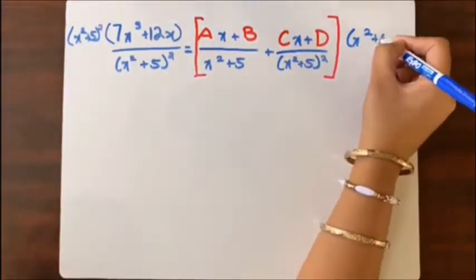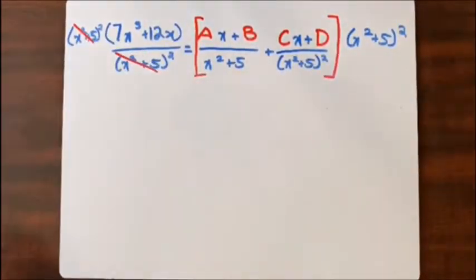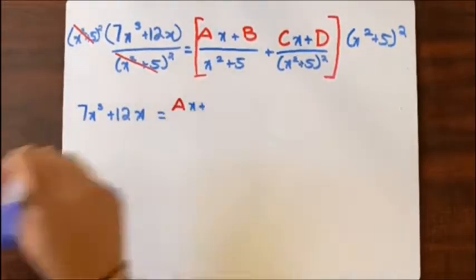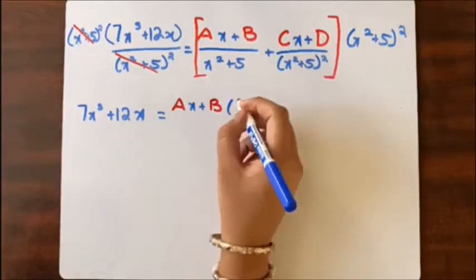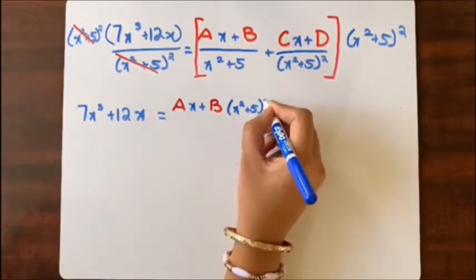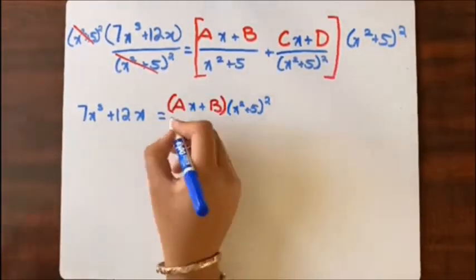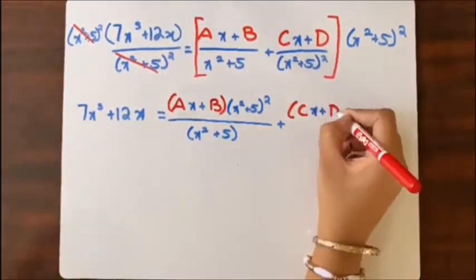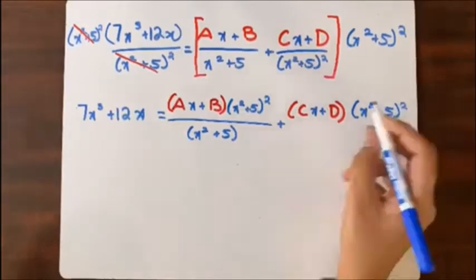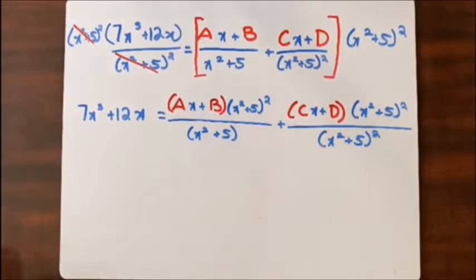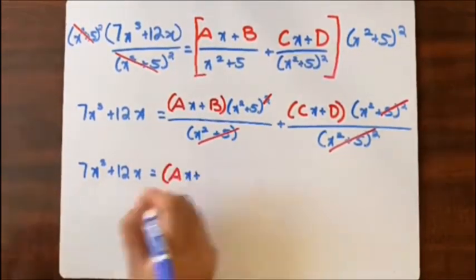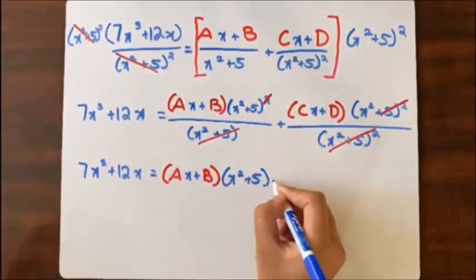Multiply both sides by x squared plus 5 to the power of 2 and cancel out any necessary values. This yields the equation 7x cubed plus 12x equals ax plus b times x squared plus 5 plus cx plus d.